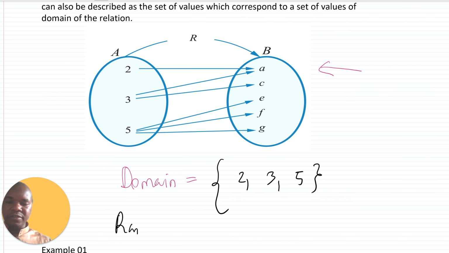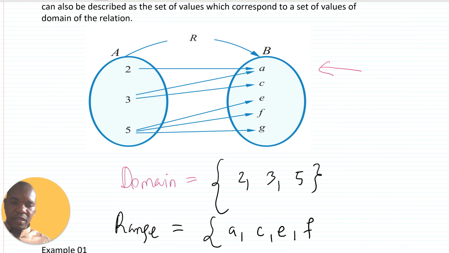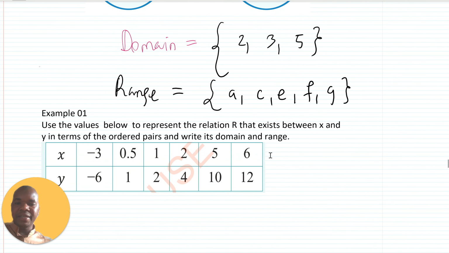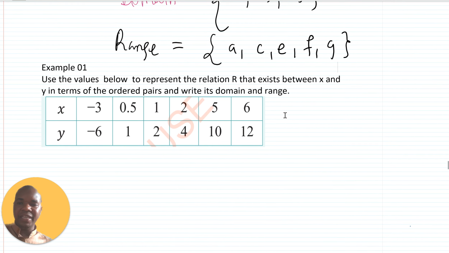We are going to say that the range of this relation is going to be the set A, C, E, F, G. So that is a simple way of how we can explain the domain and range of a relation. So let us go now to examples.